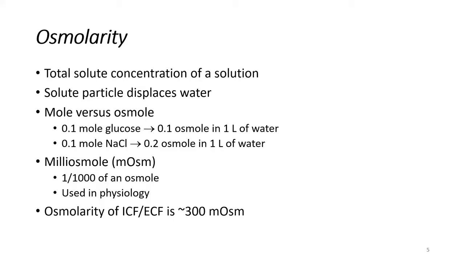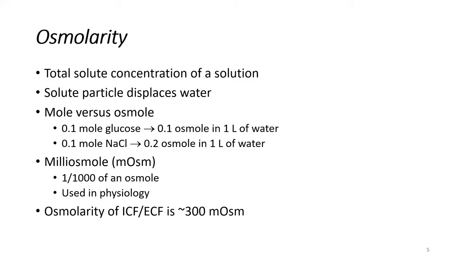What I really want to stress here is that the mole is the number of particles, but if that is further dissociated in solution, that is what contributes to the osmole. So the osmole is the total solute concentration of a solution, which takes into account all the dissolved particles in that solution. So we can have 1 mole of sodium chloride dissociate to give us an overall osmolarity of 2 in 1 liter of water.